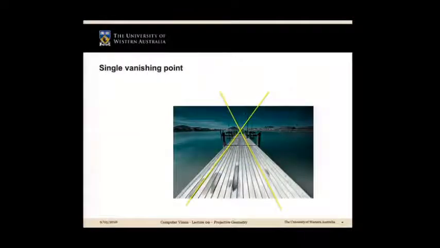So going back to the first image, if you find the edge of this image and draw parallel lines, these two lines will meet at one single point, and that single point is called the vanishing point, right? And in the real world, the jetty is a sort of flat surface, right?